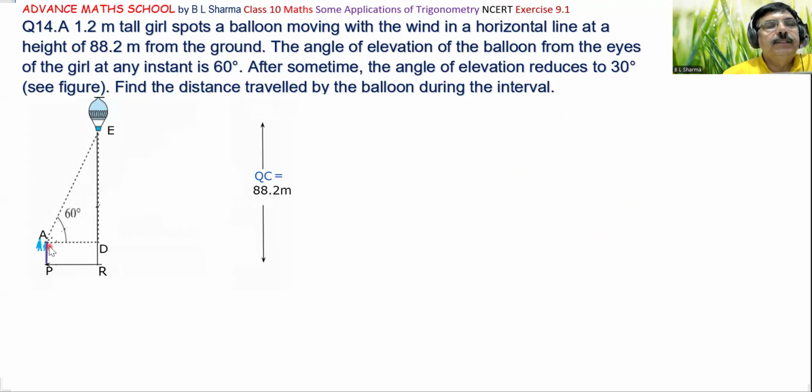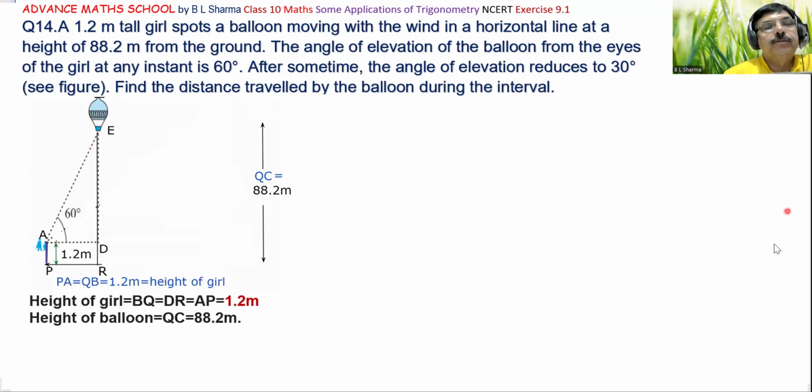The height of the girl, this AP, is 1.2 meters, and the total height from here to here is 88.2 meters. After some time, the angle of elevation becomes 30 degrees.